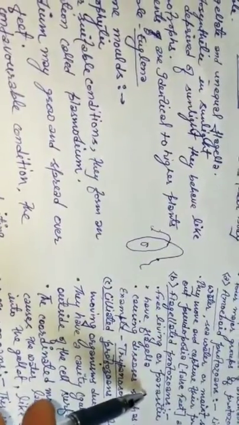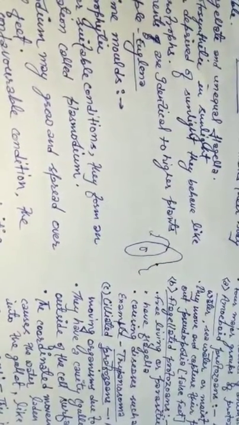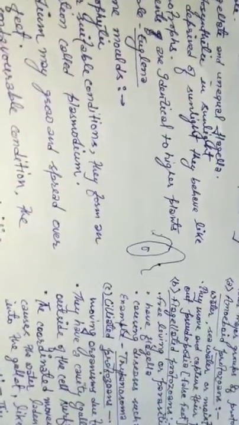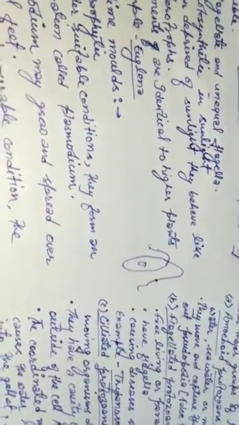These are free living or parasitic. Either they are free floating in the water or they are parasitic upon some other animals. So the flagellated protozoans are either free living or parasitic, and they have flagella.